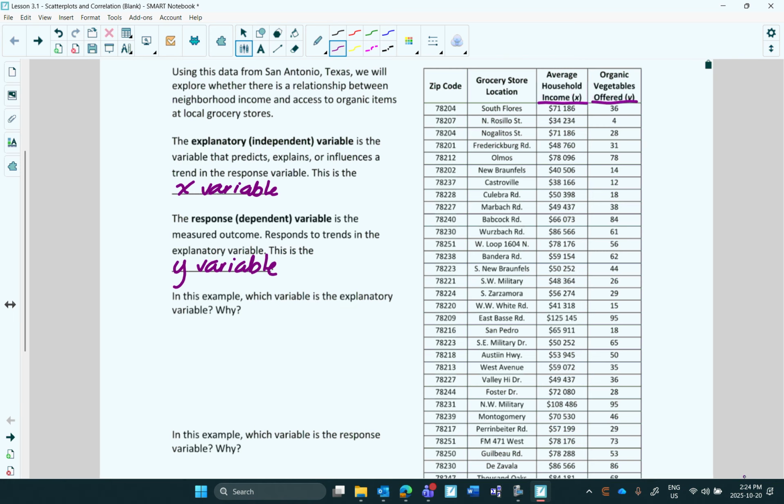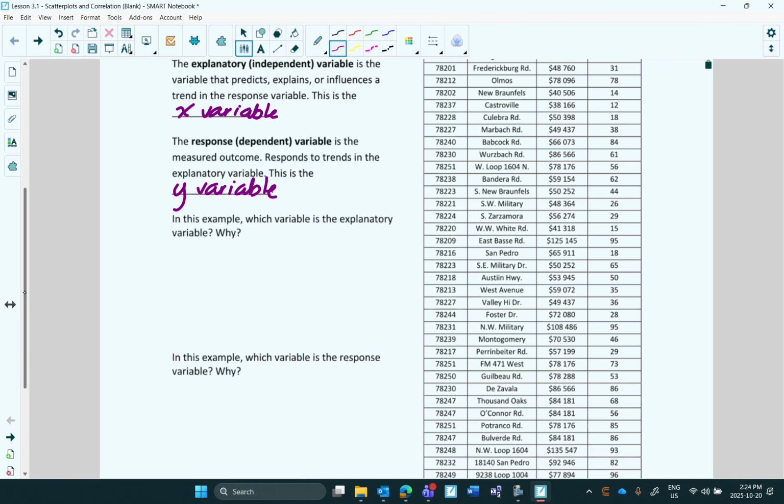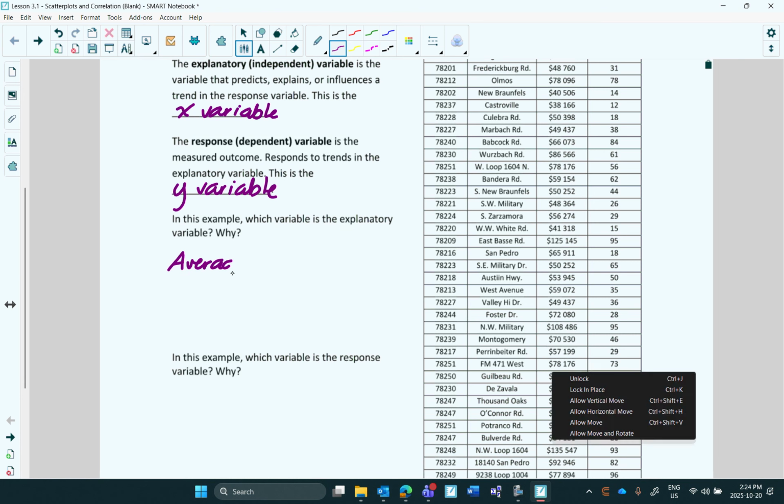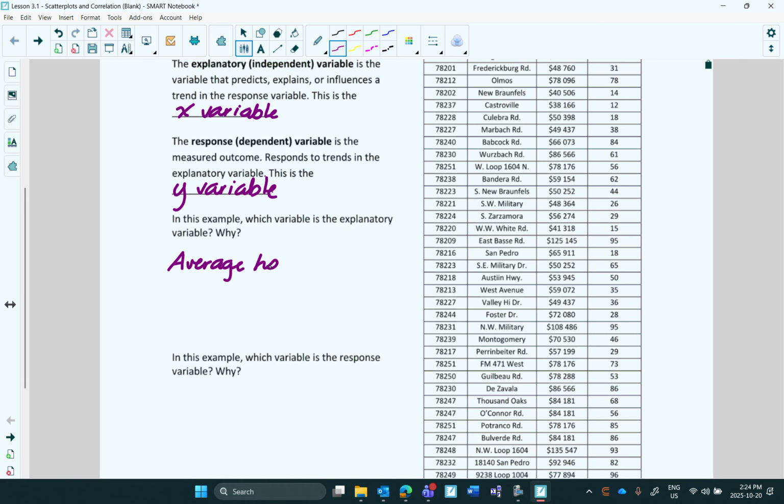Because the organic vegetable offered is dependent on the household income. Yes, or the household income will help explain the number of organic vegetables offered at a specific grocery store. Okay. So yes, average household income is the explanatory.